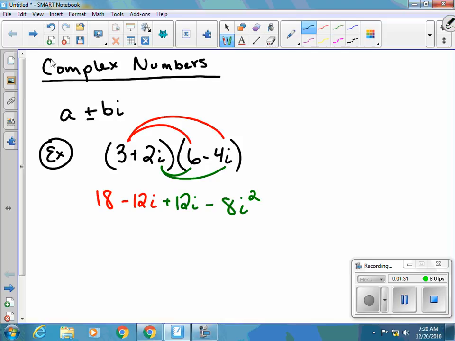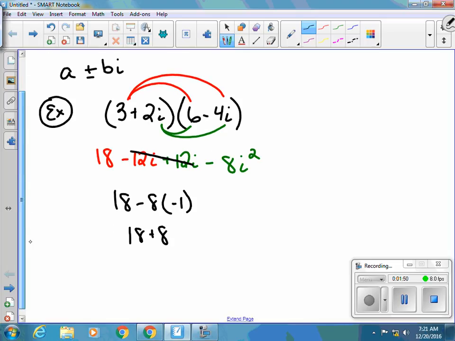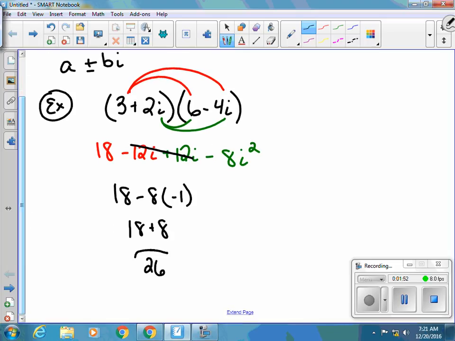So now I go through and combine my like terms just like I normally would. The negative 12i plus 12i actually cancels out. But the funny thing with this i squared, remember, is that the i squared goes to a negative 1. So I really have 18 plus 8, which gives me 26.